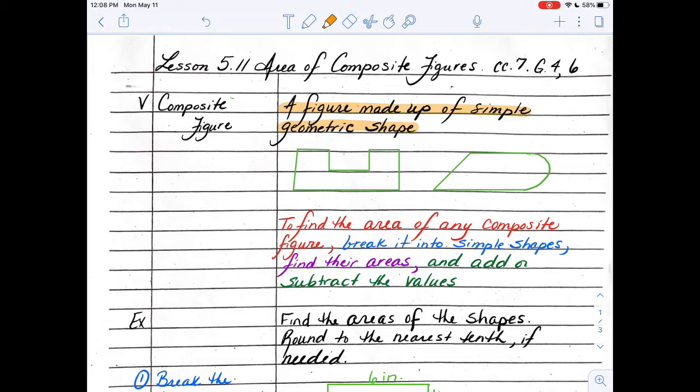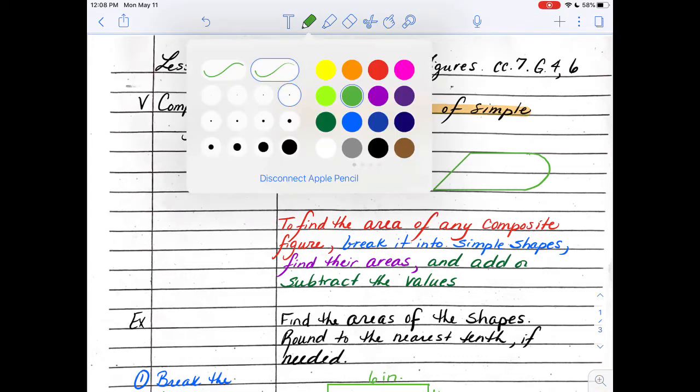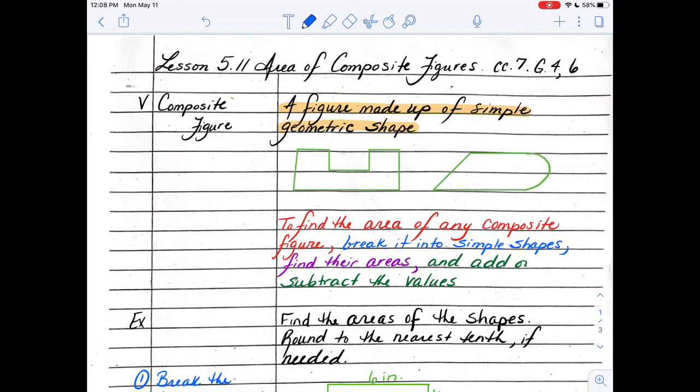So when you look at that first one, that is not a normal triangle, rectangle, pentagon, hexagon. It is, though, what we call a composite figure because you can look at it and you can actually see different shapes made up into it. So if I put a little dotted line down here, well, there's a rectangle. If I put a little dotted line down here, there's another rectangle, and then another one over here.